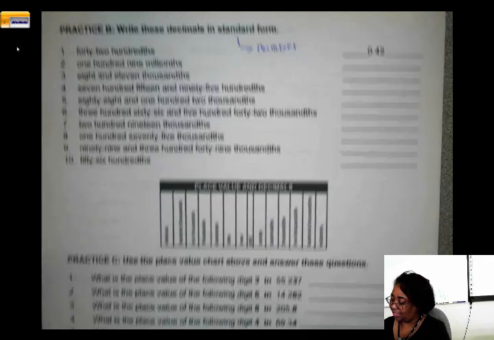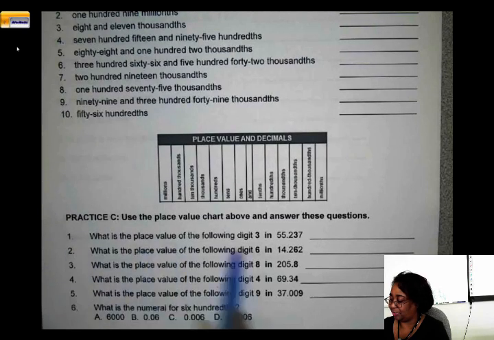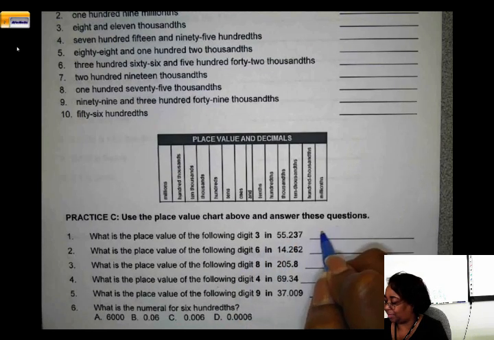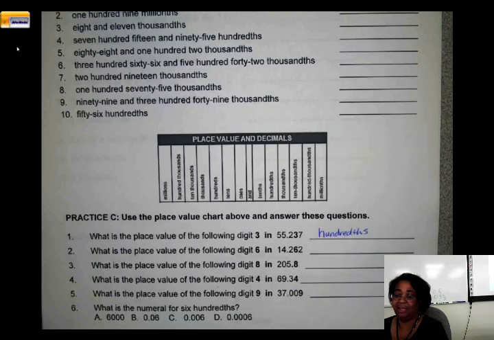Okay, on practice C, you're going to tell me what the place value is. Like for instance, I didn't do any examples in this one for you, but in 55.237, the 3 is in what place value? Hundredths. And be sure to spell it right.